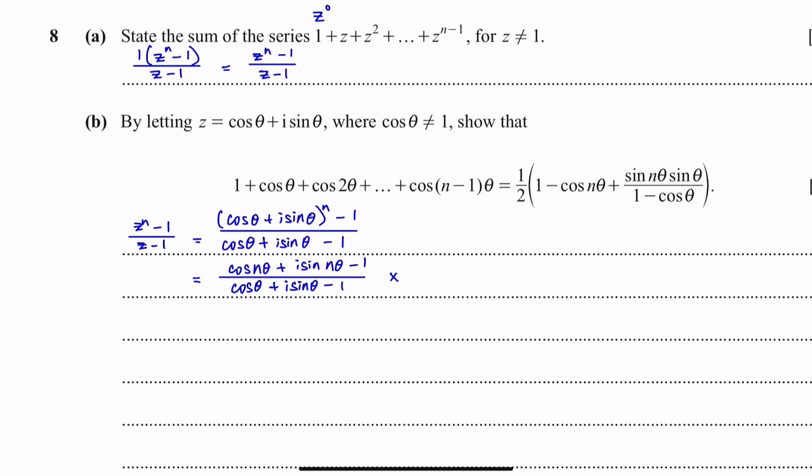And like what I said, we need to get rid of the imaginary number. So we can actually multiply this part by cos theta minus 1 minus i sine theta.